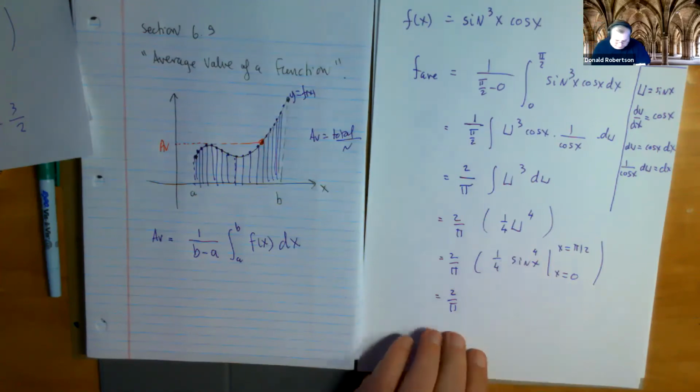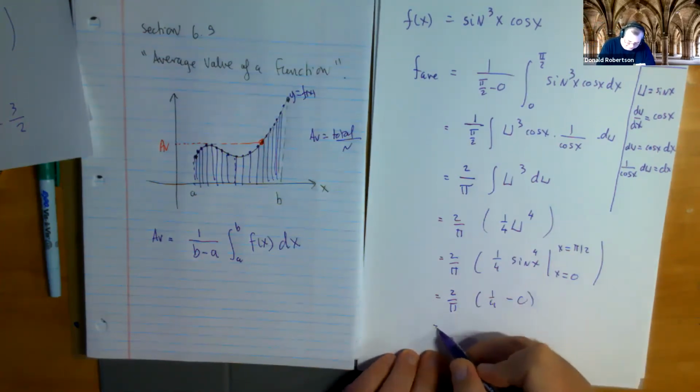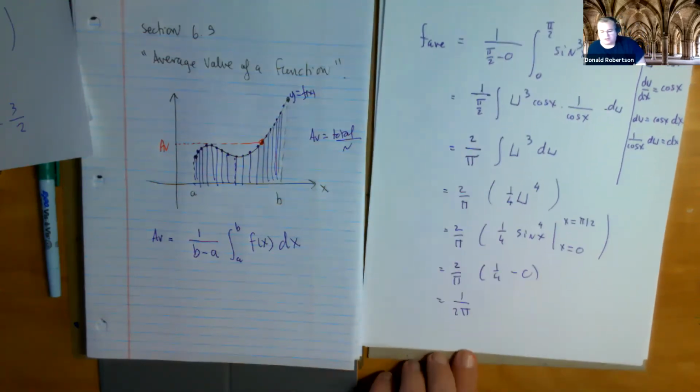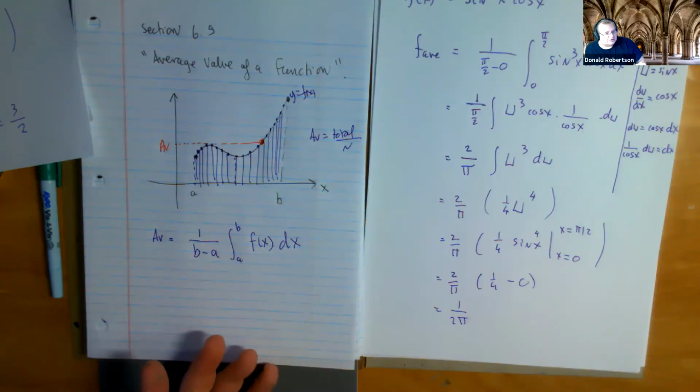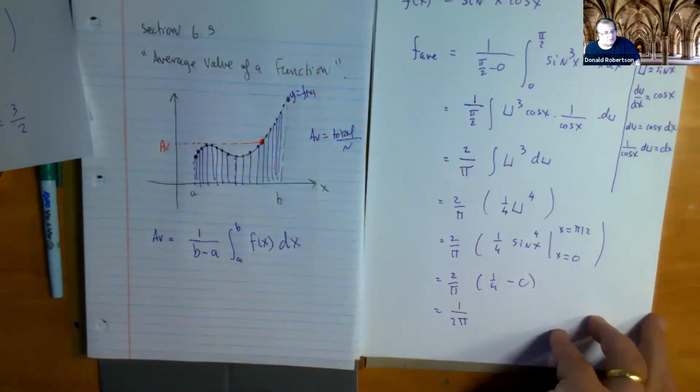A quarter times 1 is a quarter. And the other guy is 0. That partially cancels. The average value of that function is 1 over 2 pi. Does that have a nice flow to it? This process, plug and chug. Agreed?